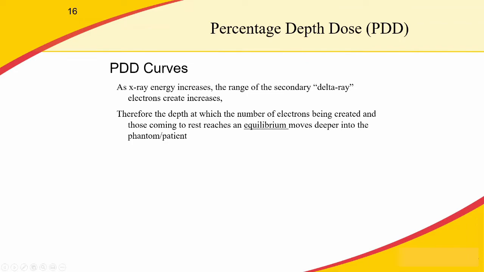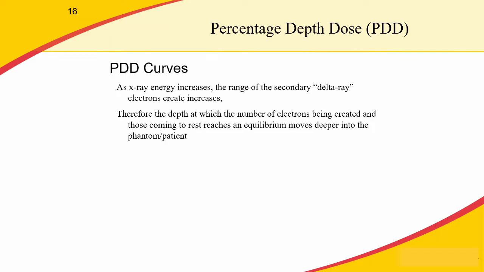Why do we see this buildup region in our PDD curves? Well, as the X-rays from the treatment beam interact in the water or the patient, as the energy of those X-rays increases, the energy of the secondary delta ray electrons they create also increases. This means higher electron energies, which means a higher range of those electrons within the patient or the water.